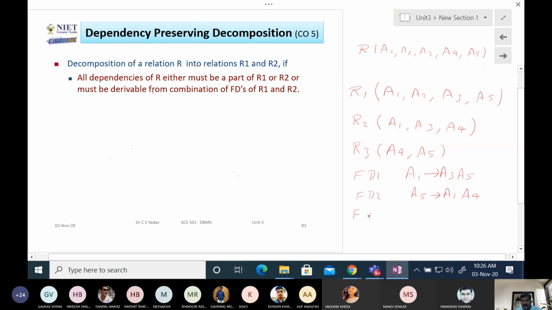And functional dependency 3 is A3, A4 determines A2. Now tell me whether this decomposition is lossless or lossy.